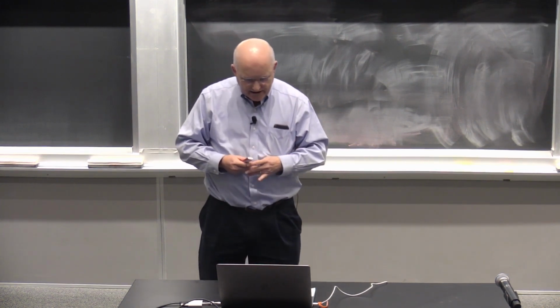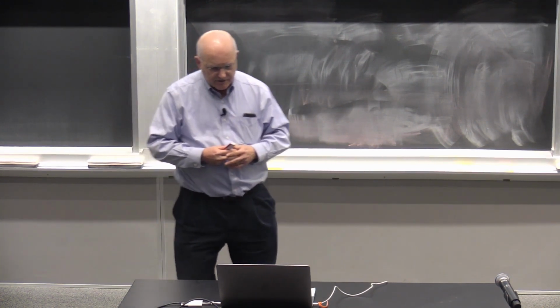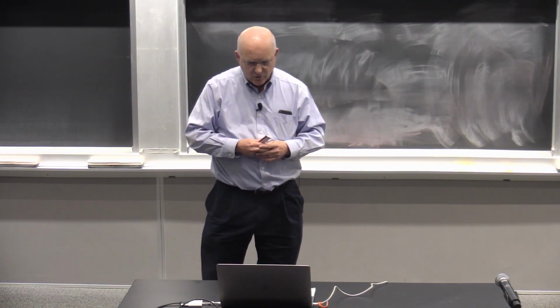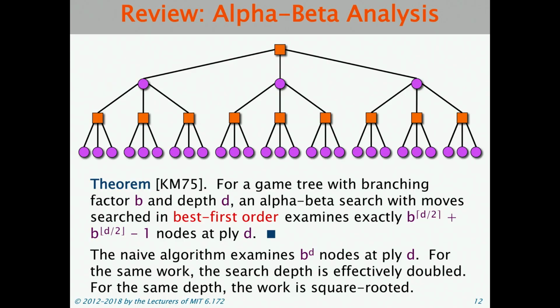If you remember the analysis done by Knuth and Morris, they basically showed that for a game tree with branching factor B and depth D, an alpha beta search with moves searched in best first order examines exactly B to the ceiling of D over 2 plus B to the floor of D over 2 minus 1 nodes at ply D. So that's basically square rooting the amount of work that you would need if you did a full depth ply.